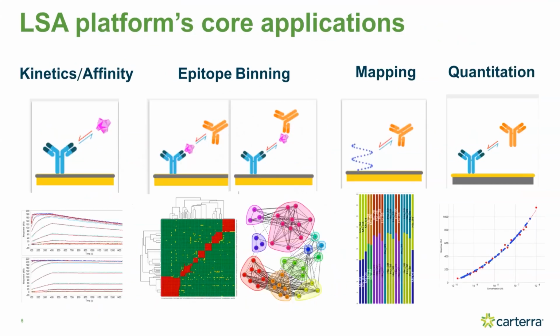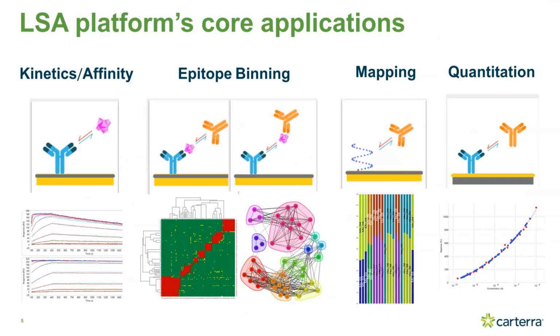So the LSA is really optimal for doing some of the most common applications in antibody screening and characterization, those being kinetics and affinity analysis, competition-based epitope binning, peptide or mutant mapping, and quantitation.